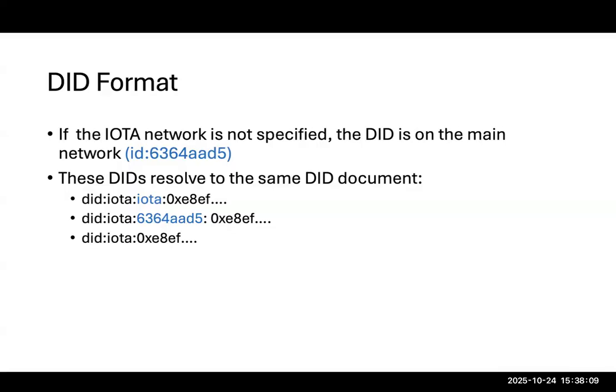So why do these three resolve to the same DID document? Essentially because in the first one, they are not specifying the network, and so we know that if the network is not specified, they are telling us mainnet. They can use the ID of the network, instead of the IOTA name of the network, or simply use IOTA, which is the name of the mainnet.